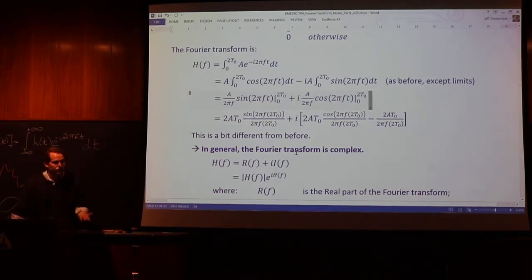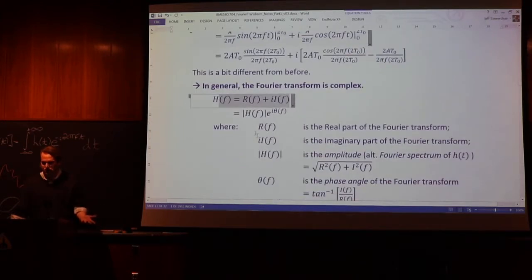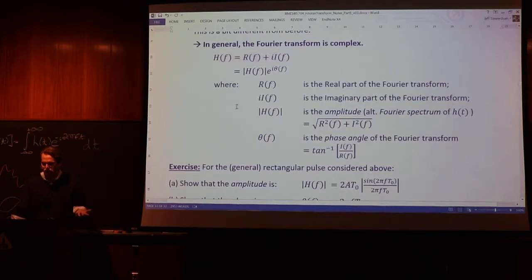So in general, the Fourier transform is complex. It has a real part and an imaginary part. That can be equivalently written in terms of the amplitude and again a complex exponential. So here's some notation on real, imaginary, amplitude, right? Square root of real squared plus imaginary part squared, and what's called the phase angle, arctan of this ratio.